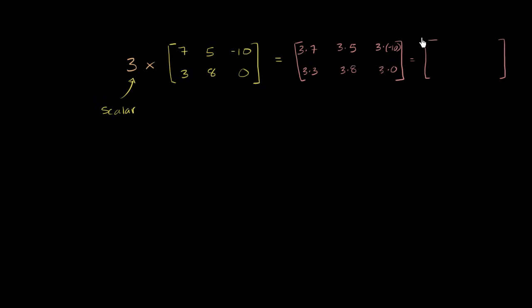So the top left entry is now going to be 21. The entry in the middle row top column is going to be 15, -30, 9, 24, and 0. So when you multiply a matrix times a scalar, you just multiply each of those entries times that scalar quantity.